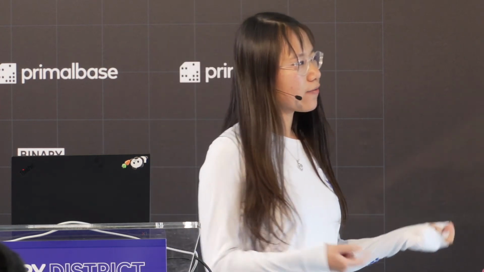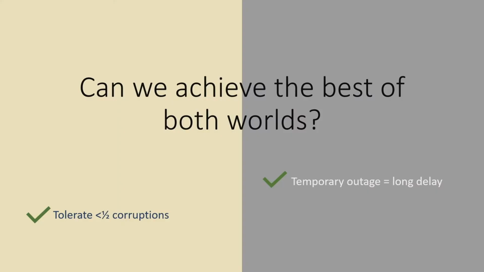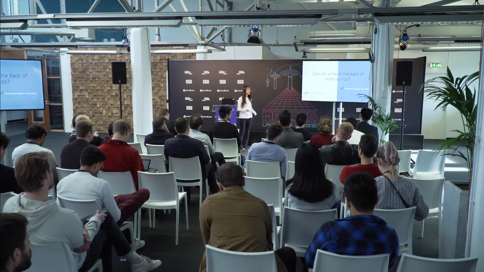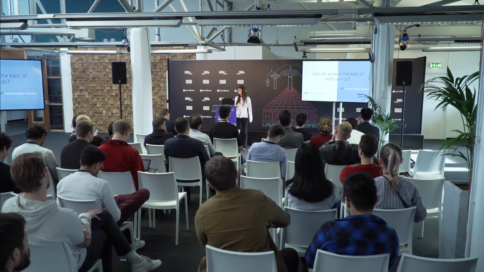At first glance, the answer to this question might be impossible, because to circumvent that 1/3 lower bound, we rely critically on the timing assumption, that one-round timing assumption of a synchronous network. So how can we circumvent the lower bound without assuming the message can be delivered very quickly?